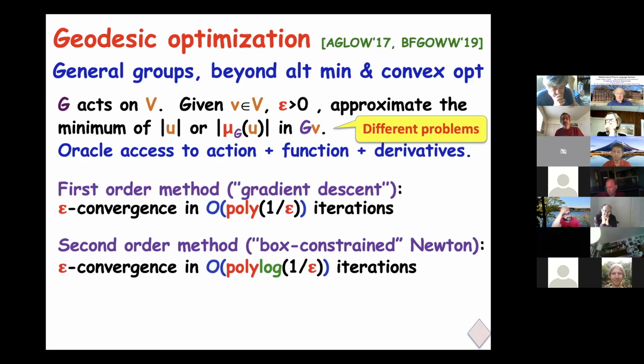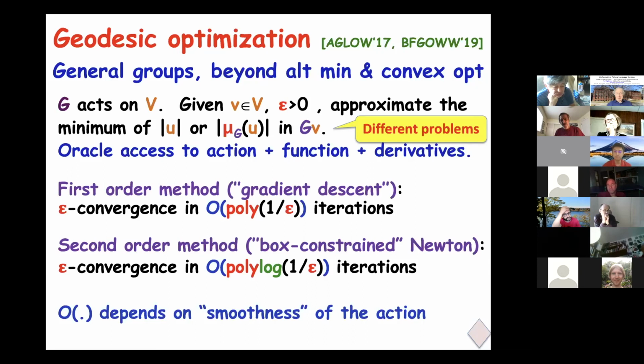And yes, we get the same type of results, polynomial 1 over epsilon convergence or polylog 1 over epsilon convergence in these cases. And the main question in all of them, even the Euclidean case, is what you mean by a constant factor there about the number of iterations.